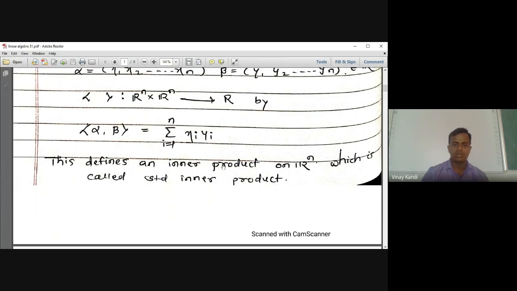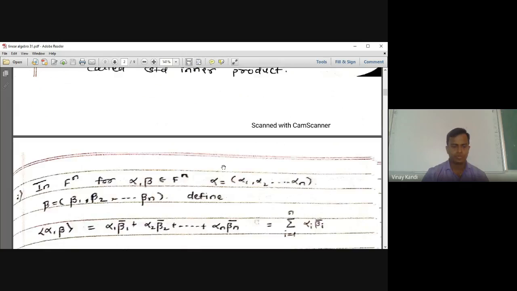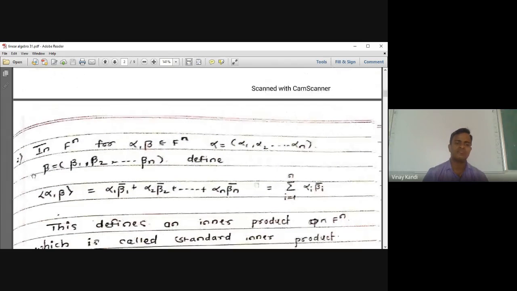Now see, one more example is there. If alpha and beta belong to Fn, then we can write alpha equals alpha 1, alpha 2 up to alpha n, and beta equals beta 1, beta 2 up to beta n.